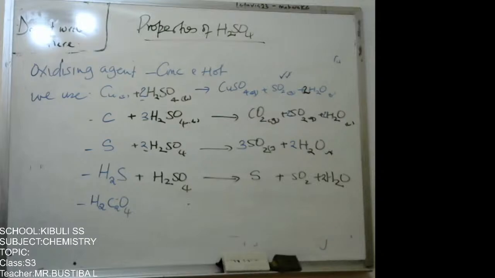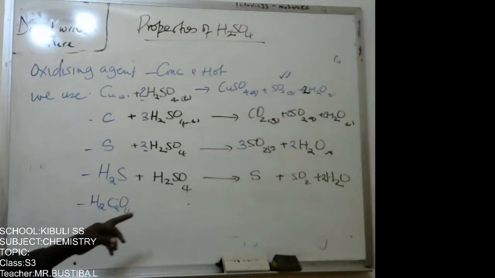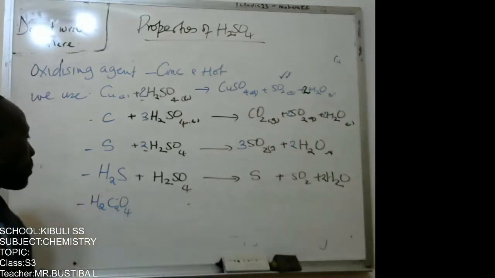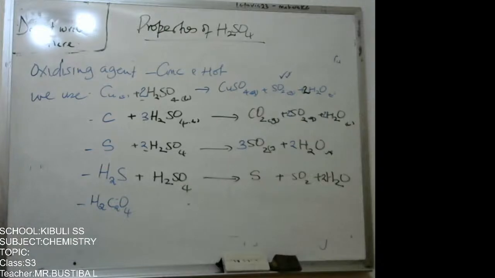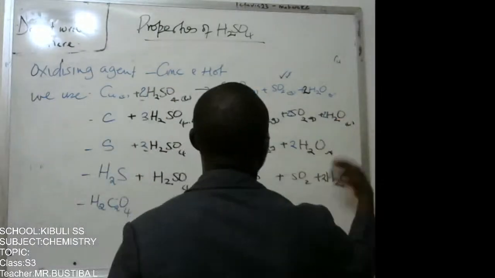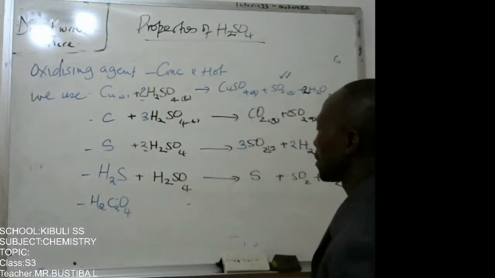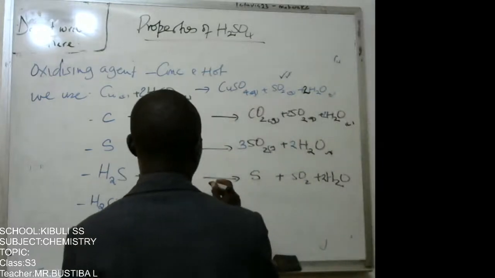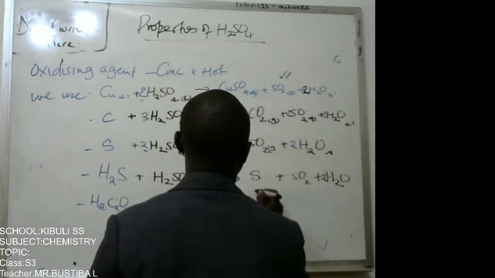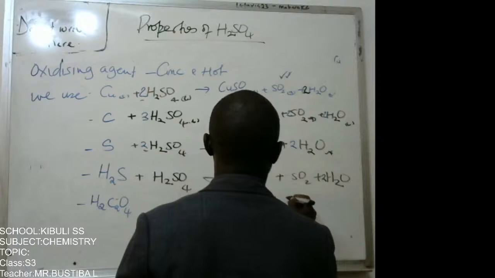So it's possible: sulfur dioxide and water. It's also possible that in the presence of this, you might end up with sulfur only and the water being formed. If this gas gets lost and gets dissolved, what do you expect? Is it possible we can dissolve this one and we get only sulfur plus water?